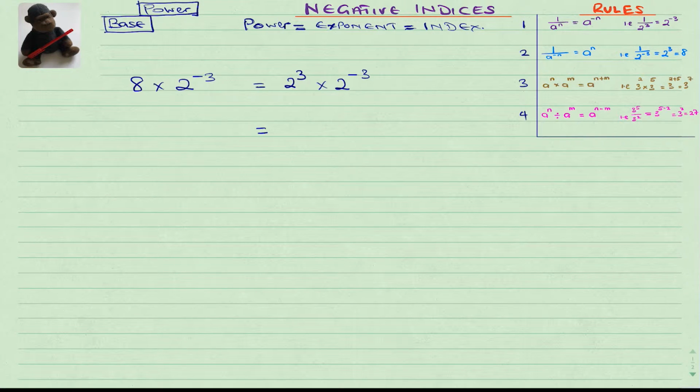Well, in this case, the bases are the same, and when multiplying, we add the powers. So it will be 2 to the power 3 plus minus 3. I could write plus minus 3. In this case, I have to put the minus in brackets.